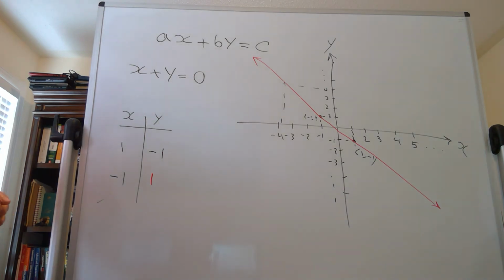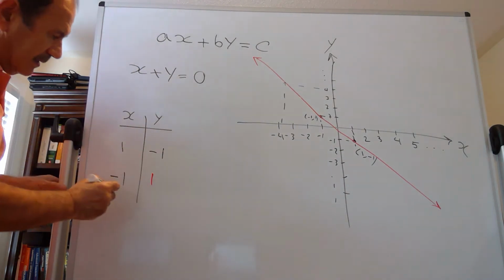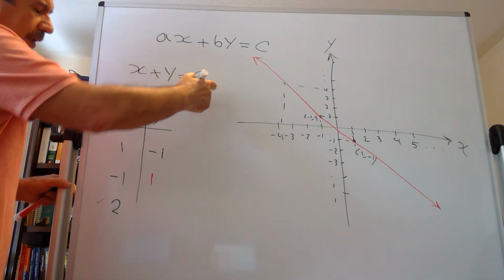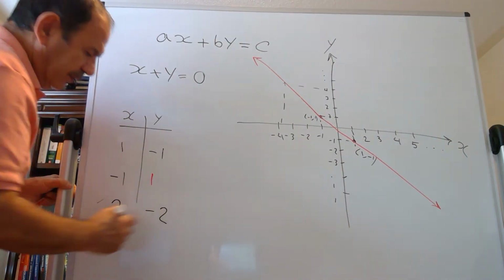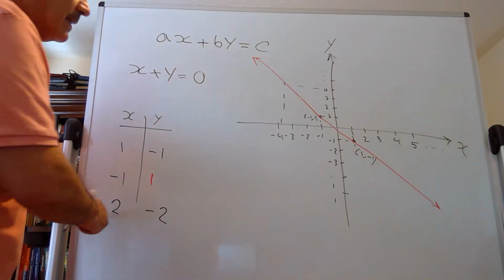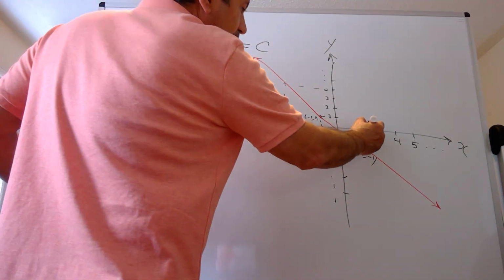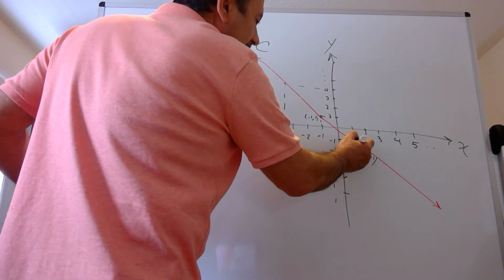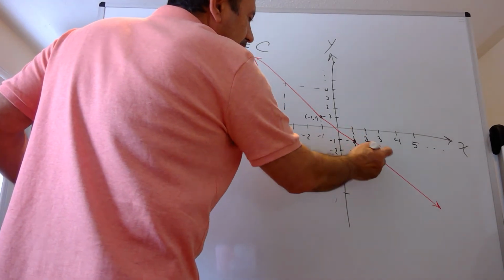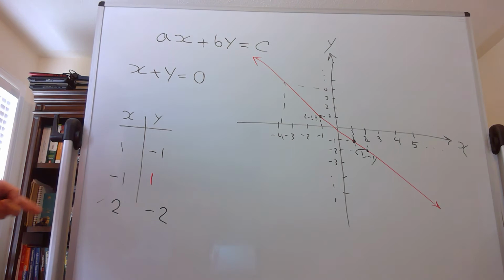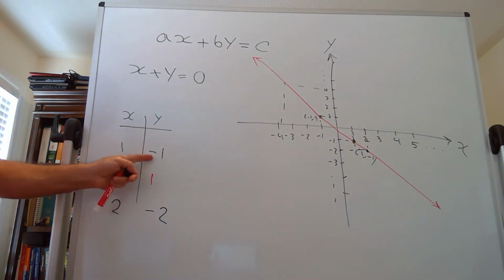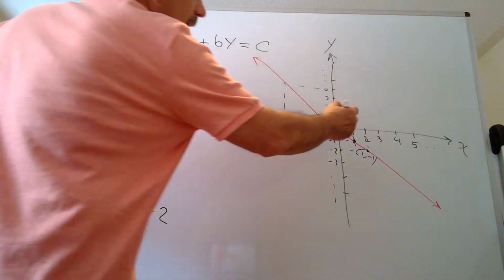As an example, if I select 2 for x, then moving it to the other side, y is negative 2. Now look here, x is 2, which is here, y is negative 2, which is here. Can you see these 3 points are lined up with each other? If I make a mistake in any of them, as an example, instead of negative 1 I calculate 1, then 1 and 1 is here.